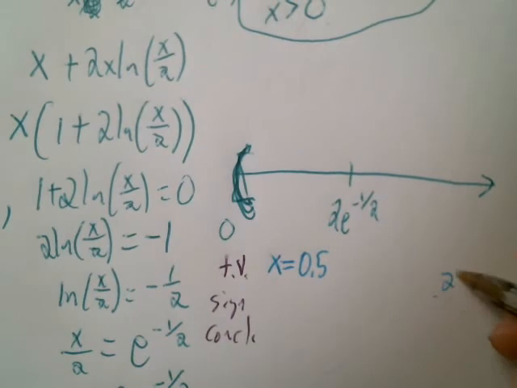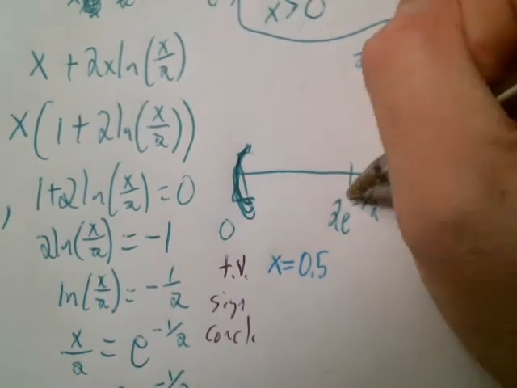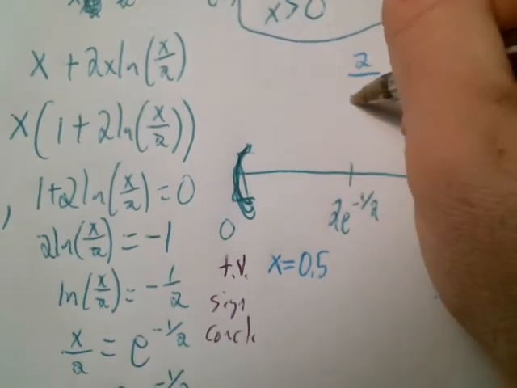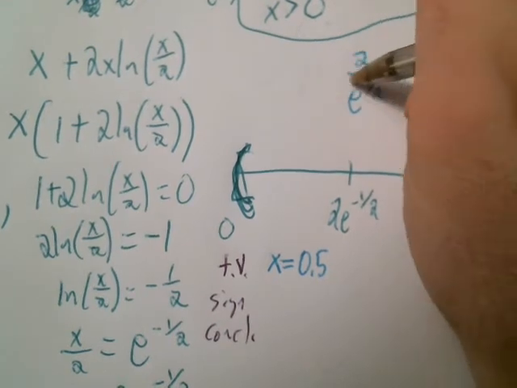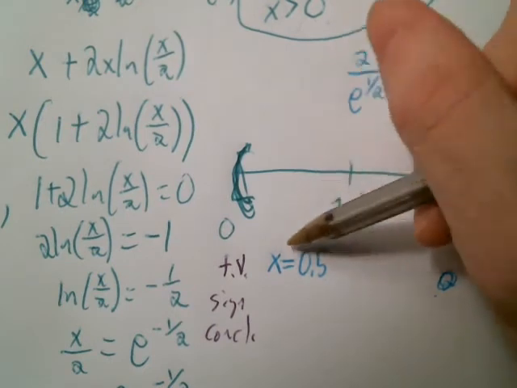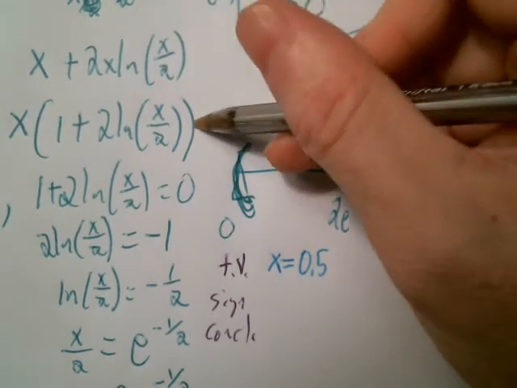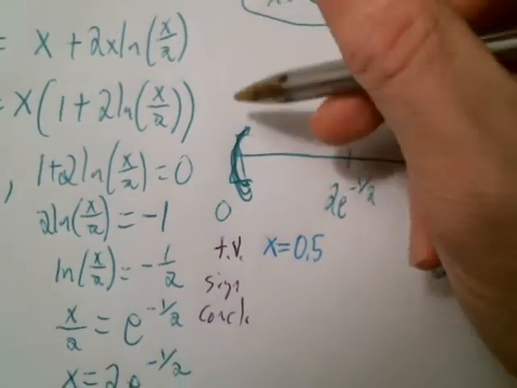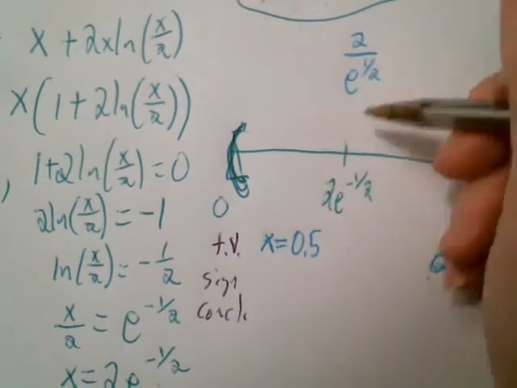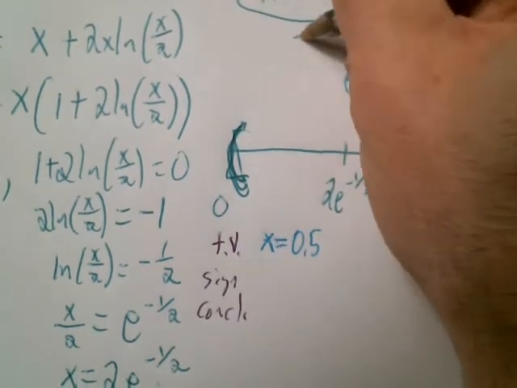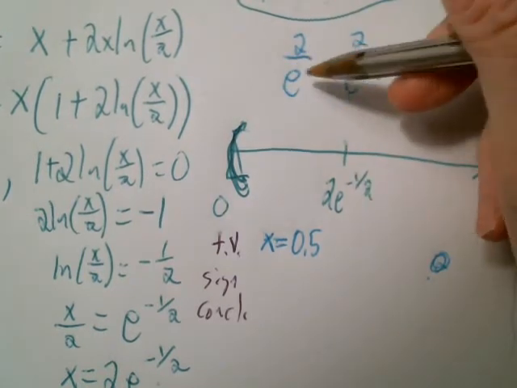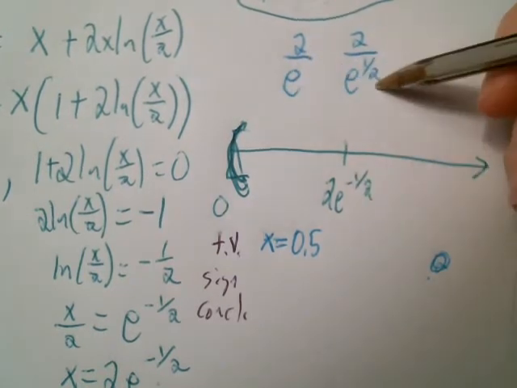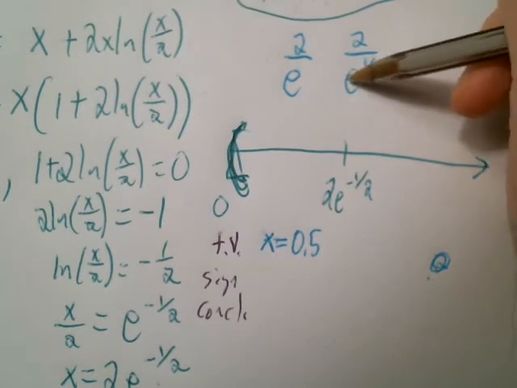Okay, so this number right here is 2 all over square root of e, right? E to the 1/2. I want something smaller than that number to plug into here. That's not going to cause me to have to go to my calculator and type in 3 million things. Okay, so if you pick something like 2 all over e, now I want to make this number bigger than this number, e to the 1/2, right?